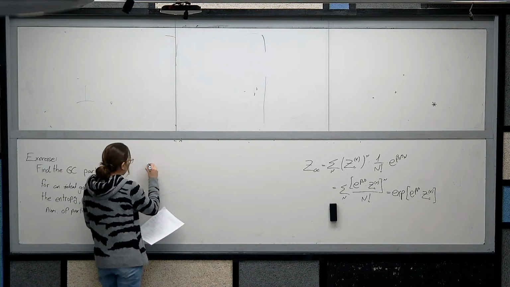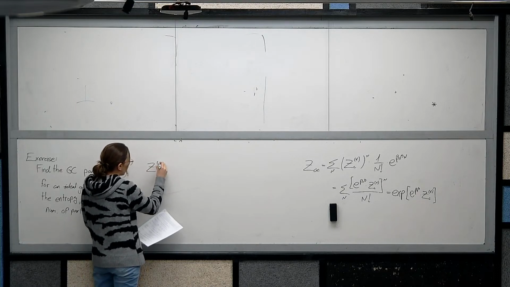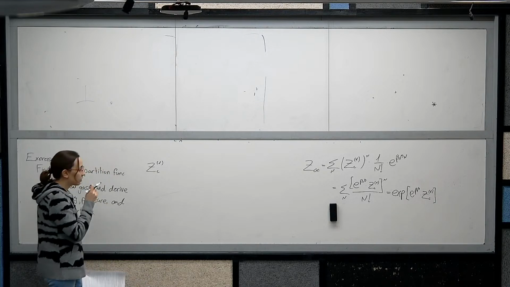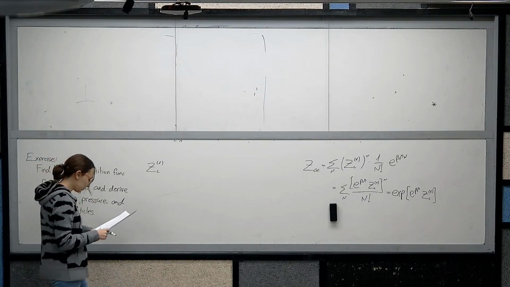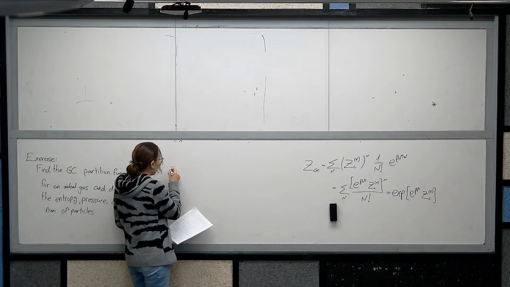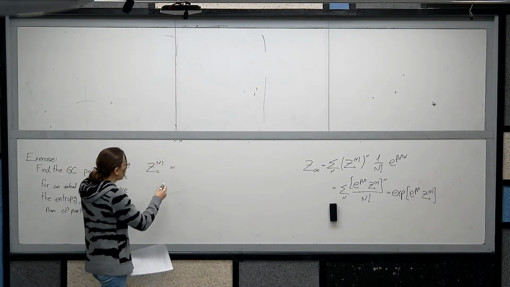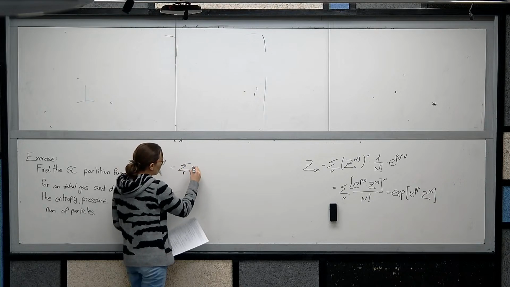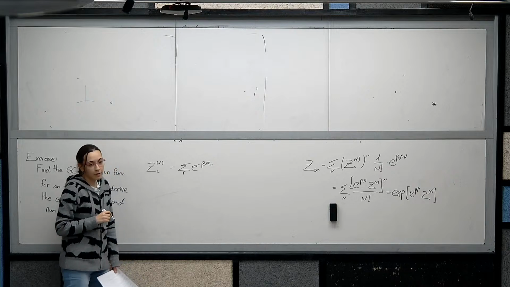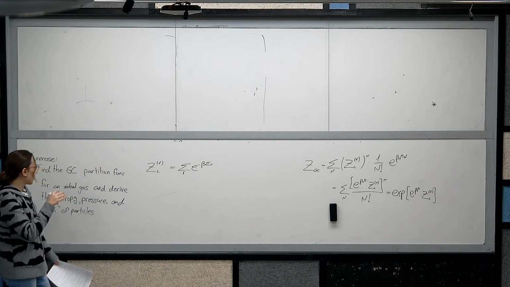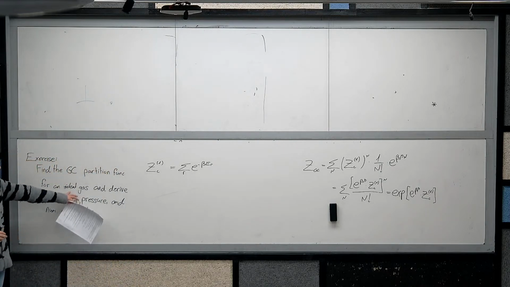Okay, so the partition function for one particle in an ideal gas. We want to sum on all possible states with their energies. But now when we're talking about an ideal gas, this is a continuous system.